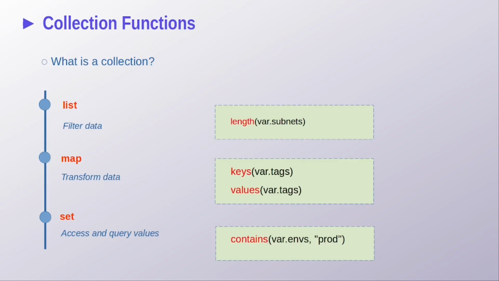Example 2, keys and values. This helps Terraform loop over tags, transform tag values, and validate tag structure. Example 3, contains. This returns true or false. Very useful for checking environment type and enabling or disabling features. Terraform treats collections as data, then uses that data to control infrastructure creation.